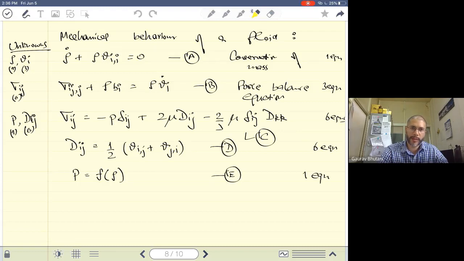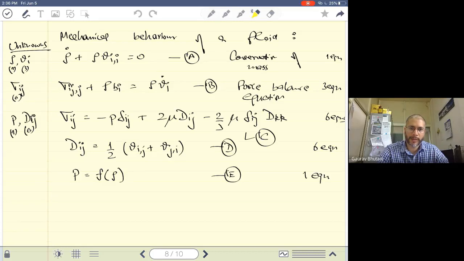The first one being the conservation of mass, equation B being the conservation of momentum, equation C giving us a relation between the stress tensor sigma and the rate of deformation Dij. The fourth equation giving us a relation between the rate of deformation tensor Dij and the velocity field V.